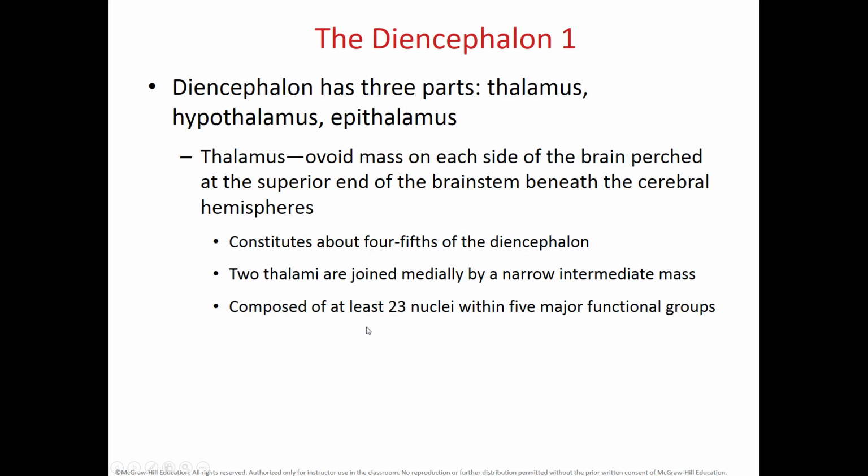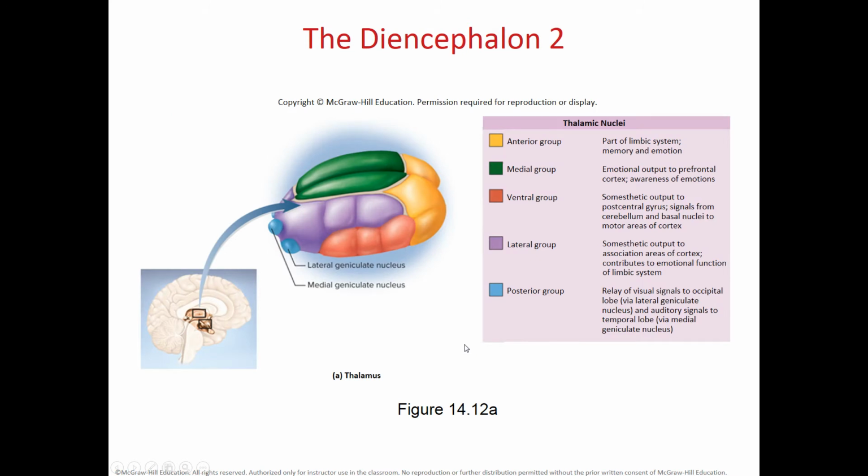So the thalamus, it's ovoid shape, and it's located on each side of the brain and constitutes about 4/5 of the diencephalon. The two thalami are joined by the intermediate mass, and within the thalamus we have 22 nuclei that function as 5 major functional groups.